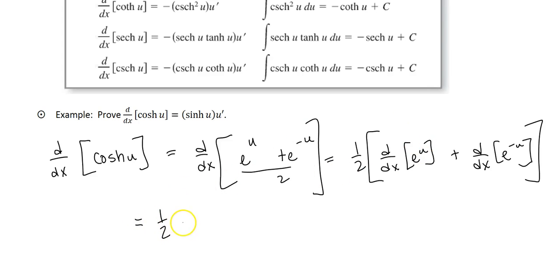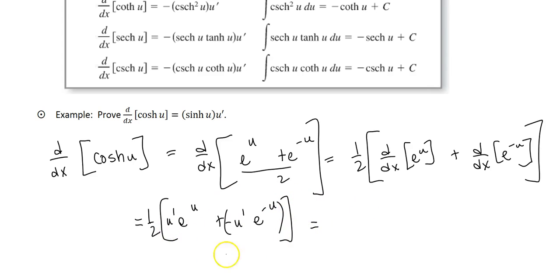So the derivative of e to the u is going to be e to the u times u prime. And the derivative of e to the negative u is going to be e to the negative u times negative u prime. And this is all times 1/2. So let me put my 1/2 in parentheses here.